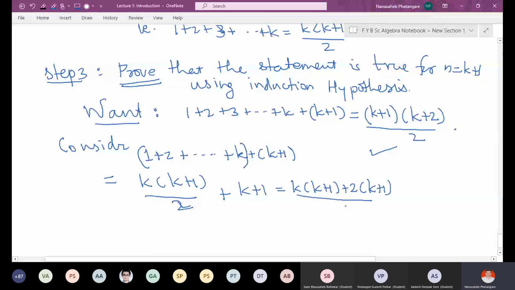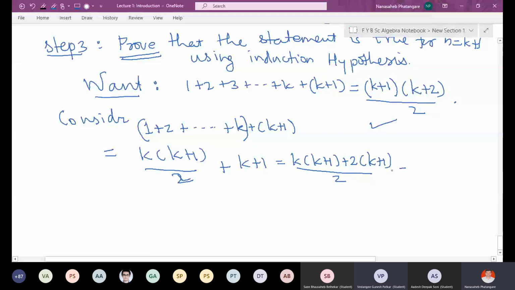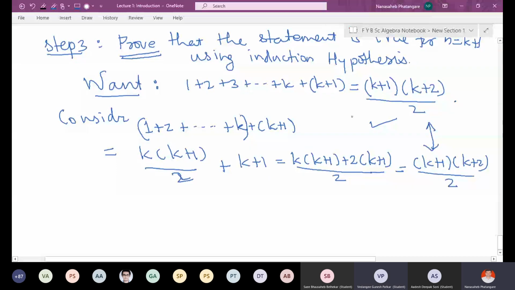So k plus 1 is common in the numerator, and so I can write it as k plus 1 multiplied by k plus 2 divided by 2, and this is what we were expecting. See this? Yes, sir.